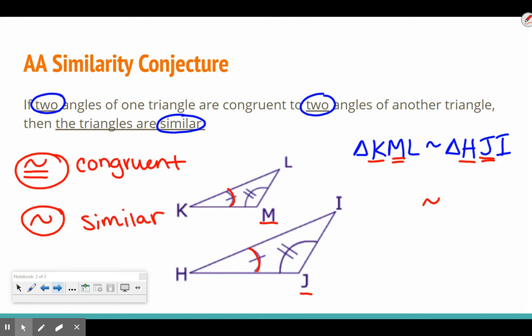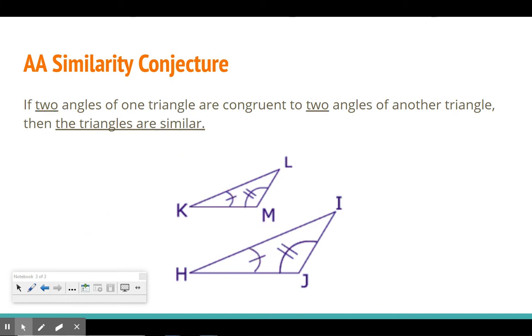Congruent means that they are the same in all aspects. Similar means they're just a similar shape, and their scale could be a little different. So we do have a shortcut here. If we know 2 of the angles, we can say they are similar.